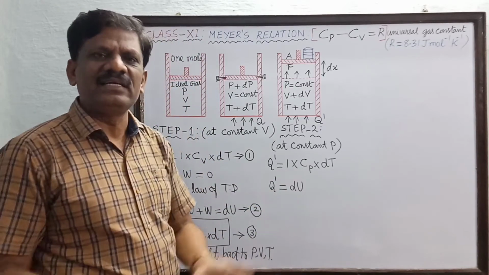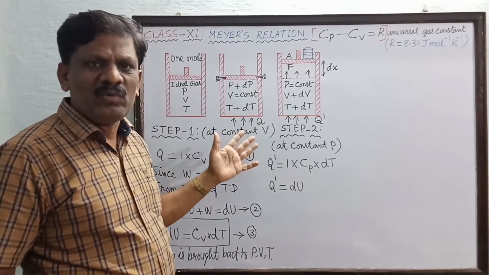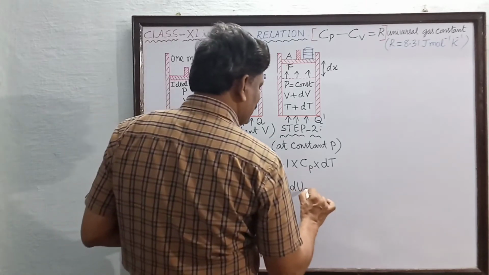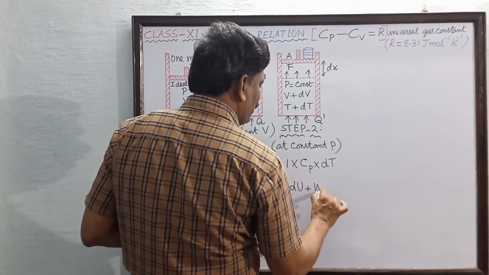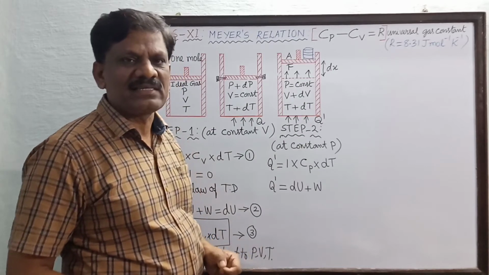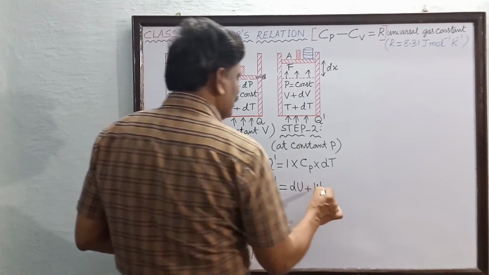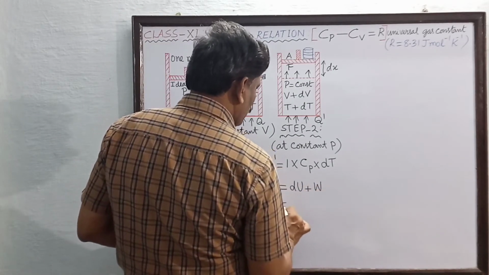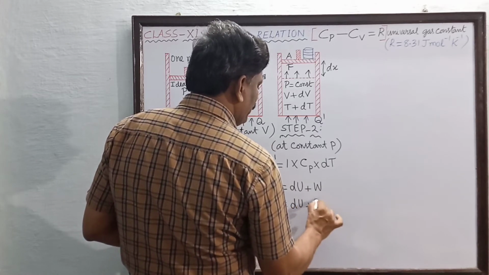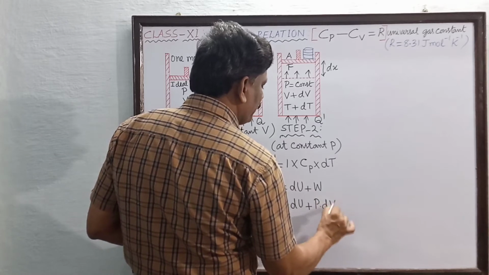The internal energy has increased by the same amount as it happened in the first step. In addition to that, the gas has performed a work by moving up through a distance dx. So this is the work done, or this is equal to what? dU plus P into dV.